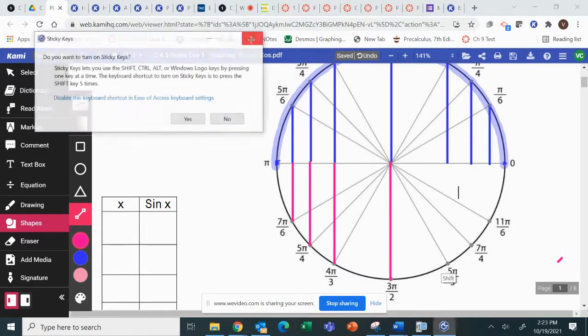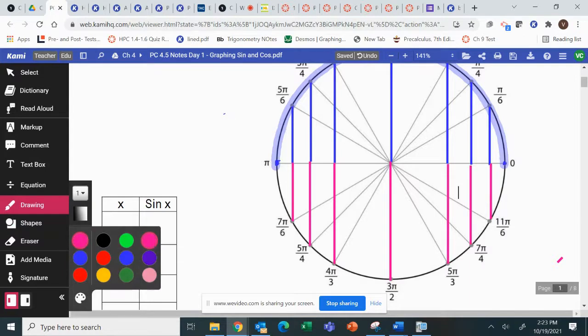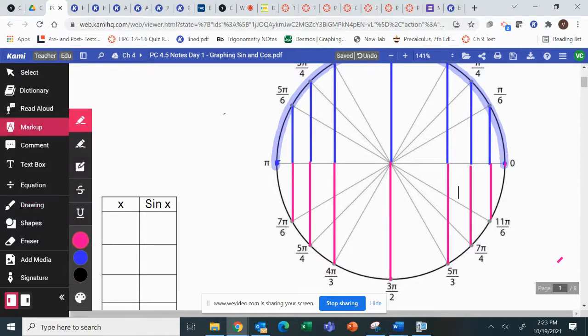And then we get less negative, and less negative, all the way back down to 0. And you can see that the bottom ones make a very nice, relaxing curve. Nice, beautiful curve down there.